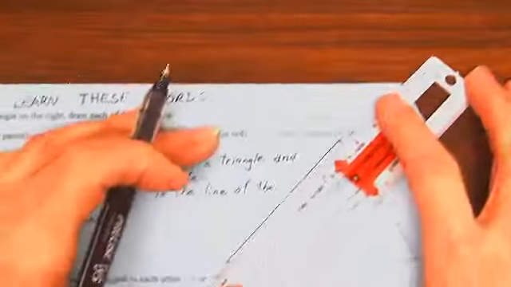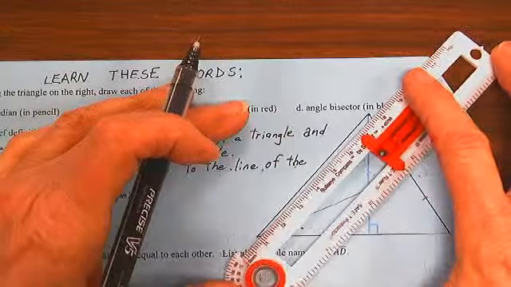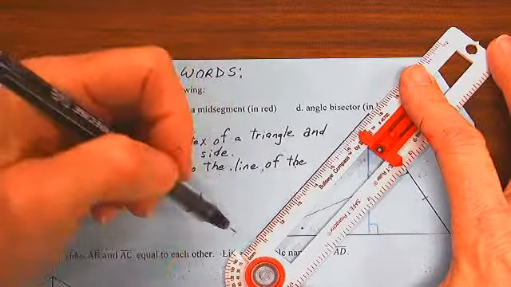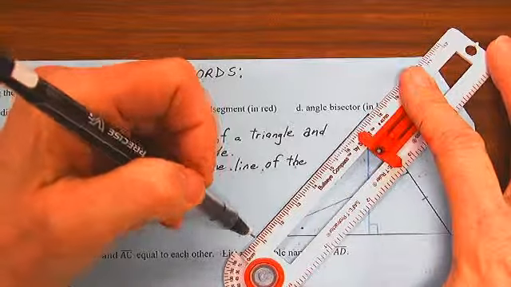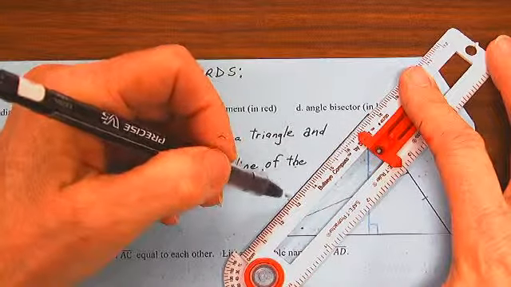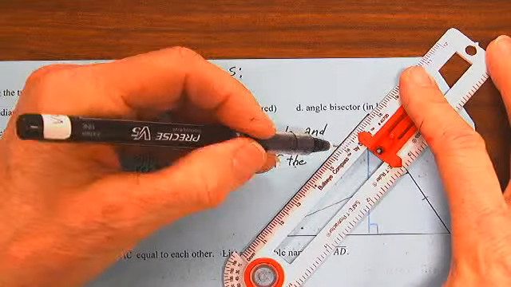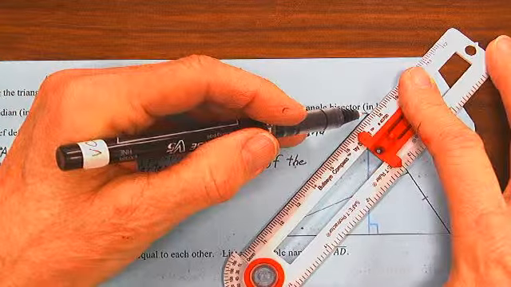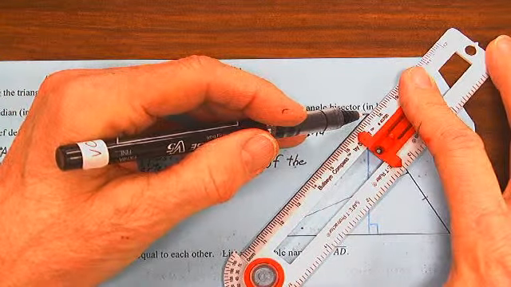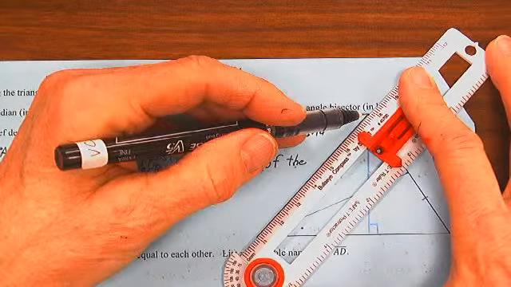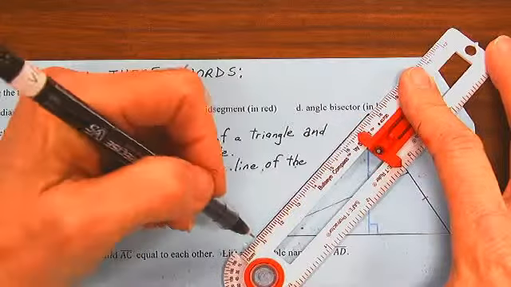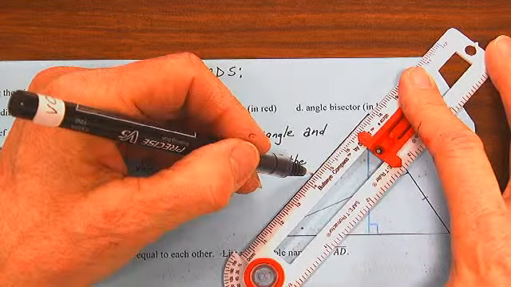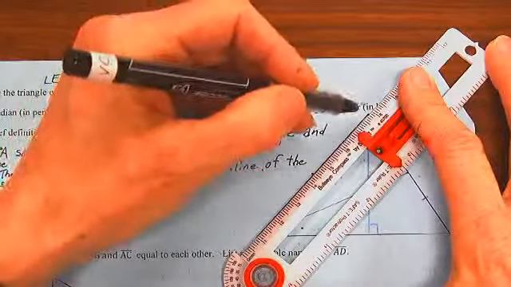This is 1, 2, 3, 4, 5, 6, 68 millimeters. Half of that is 34.